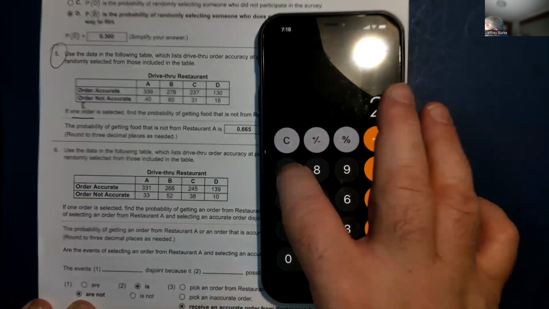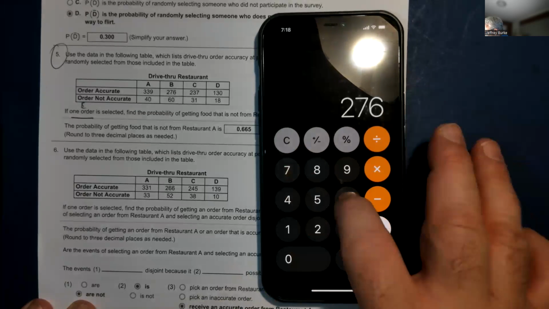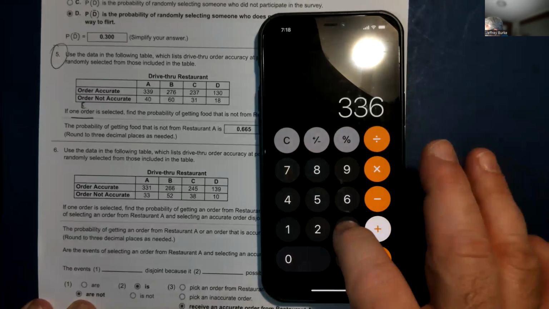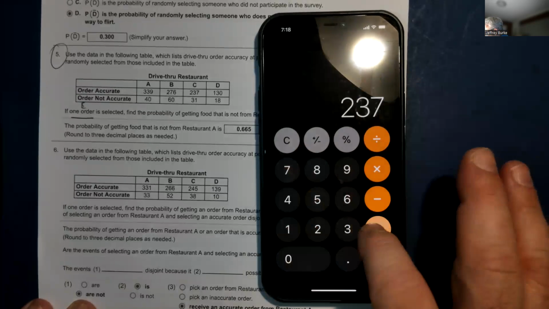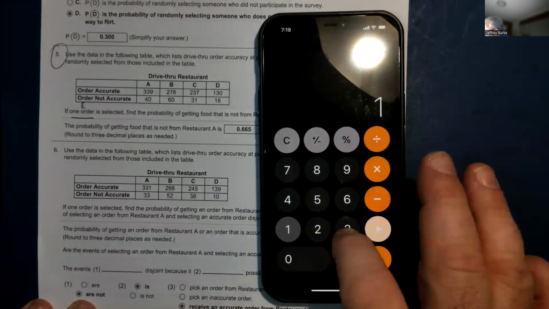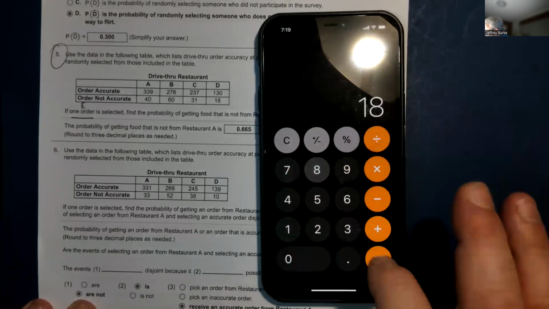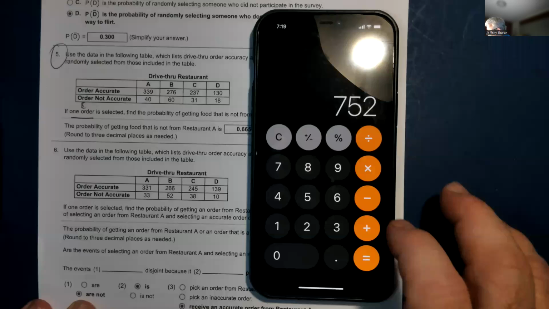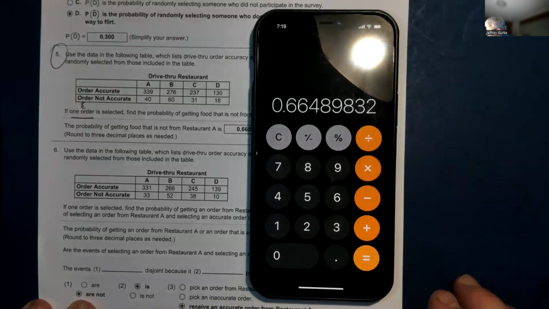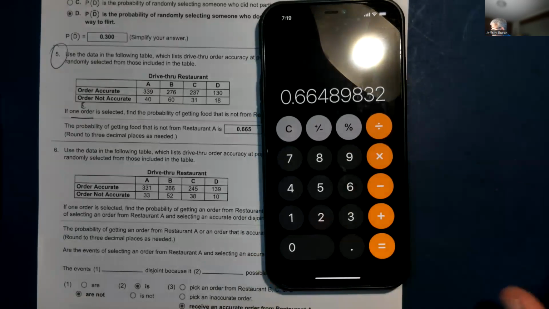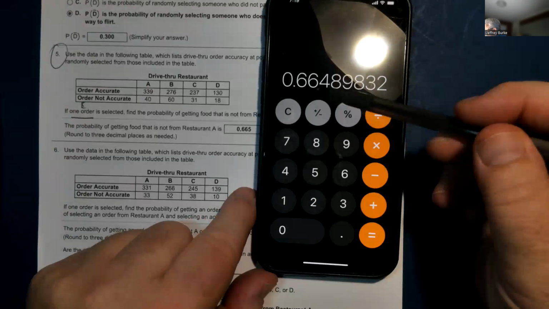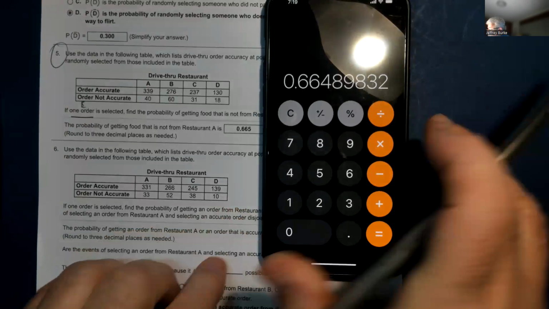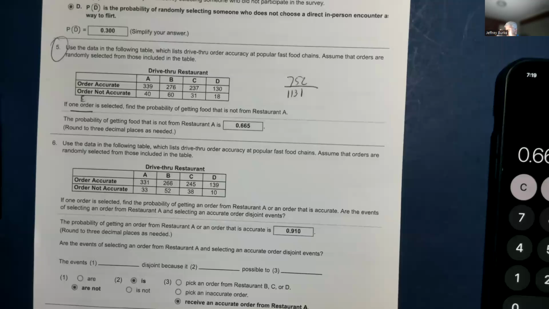So let's say 276 plus 60 plus 237 plus 31 plus 130 plus 18. So 752, that's what I got. Let me divide that by 1131. Okay, so I must have done something wrong on my division last time then. So that's 0.6648. So I rounded up to 0.665. And that's how I get that result there.